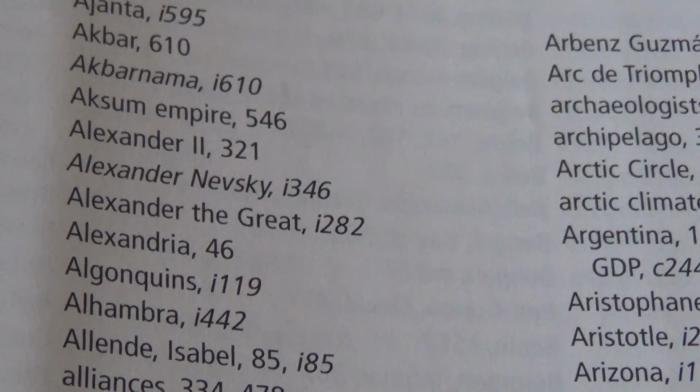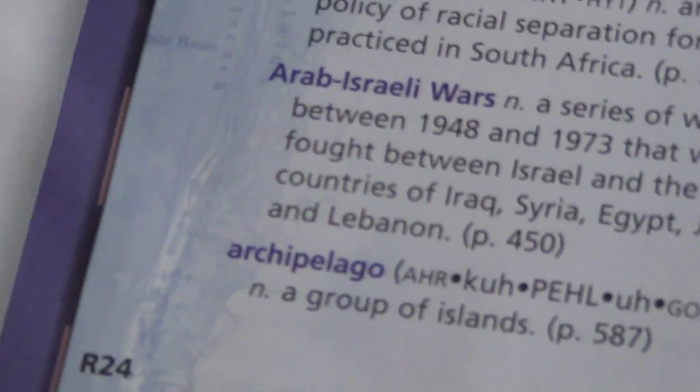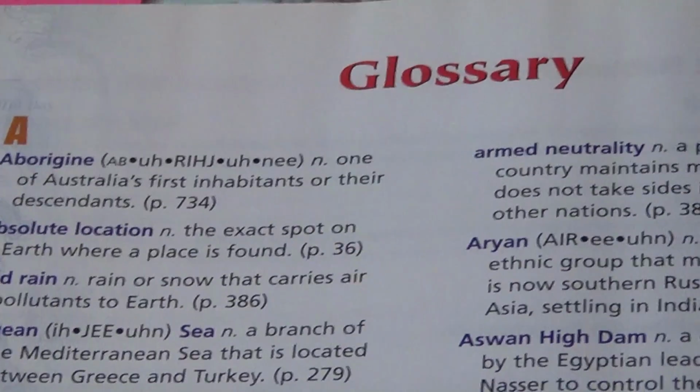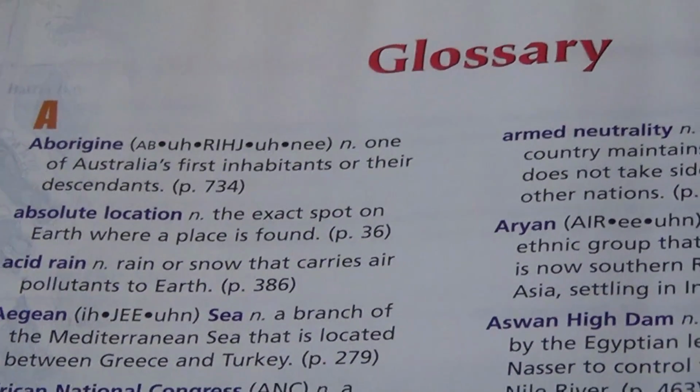However, if he needs a definition, that's when you go to the English glossary, which starts on R24. That would give you the definitions of some words, not all the words in the book. Again, generally if they're underlined in bold, they're in the glossary, unless it's a person's name, in which case you need to flip to the very end and go to the index.